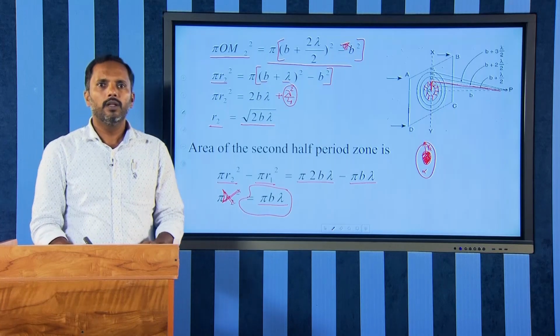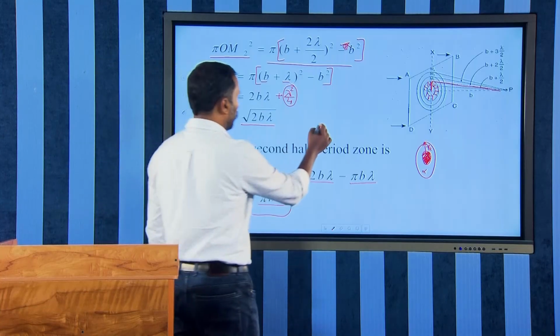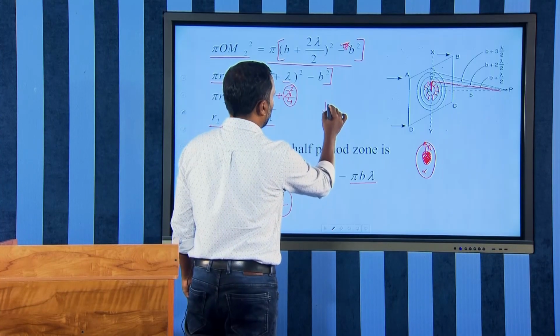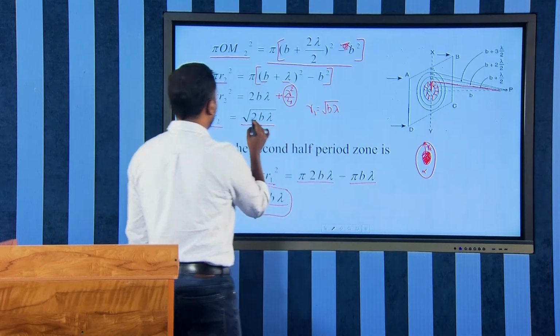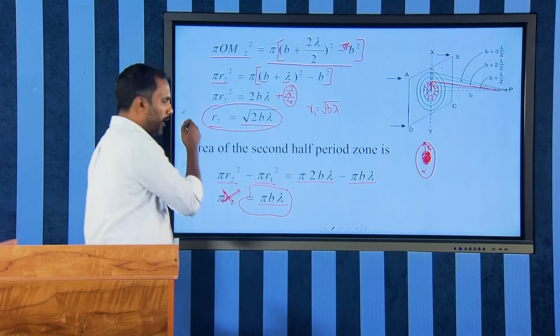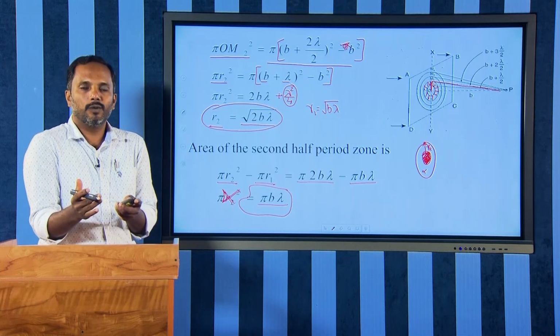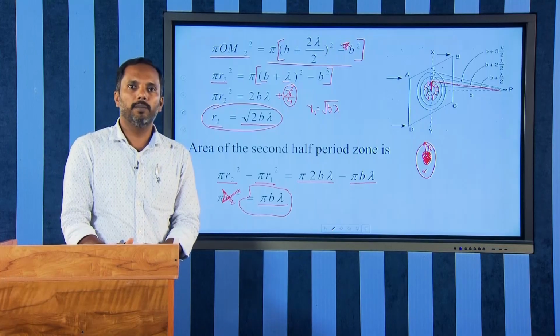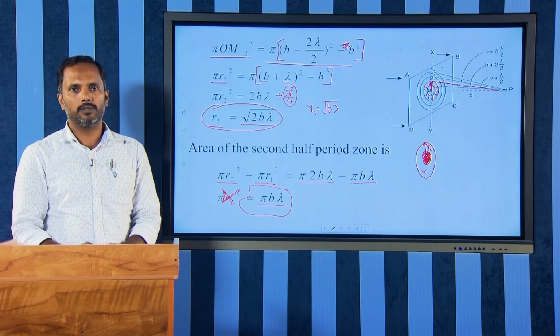Also the radius of the first half period zone is root b lambda, the radius of the second half period zone is root 2 b lambda, and the third is going to be obviously root 3 b lambda. Therefore, the radii are proportional to the square root of the natural numbers.